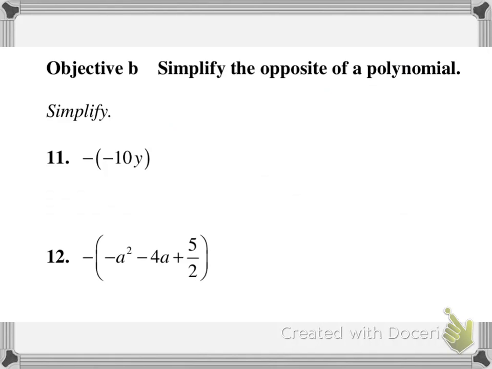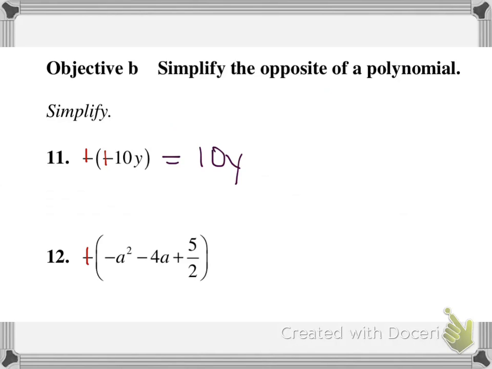Now we're starting to move into subtraction. To get us started, we're just going to practice writing the opposite of terms. Here I have a negative 10y. Remember that when you have a negative like that, it's really adding the opposite. So simplified, it would be a positive 10y. On the problem down here at the bottom, the negative on the outside indicates opposite, or if I want to distribute the negative throughout, we add the opposite.